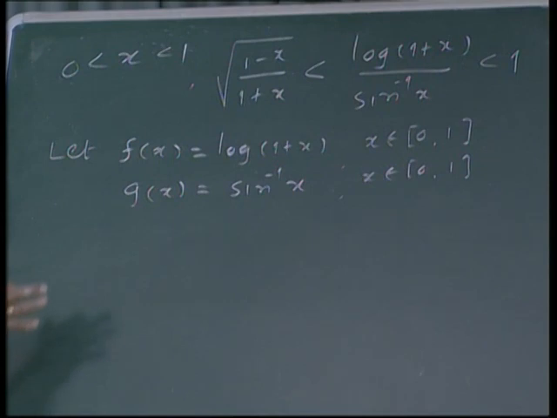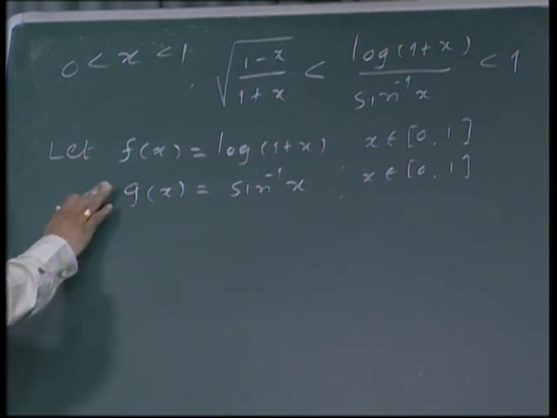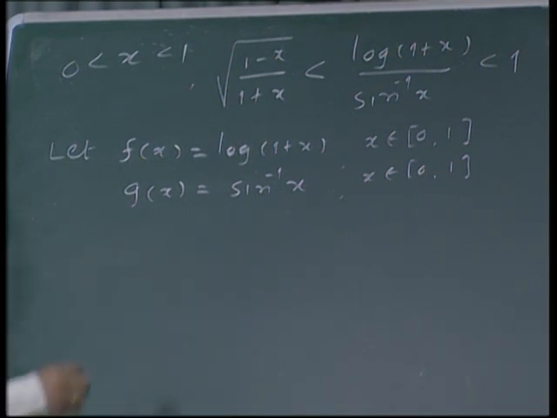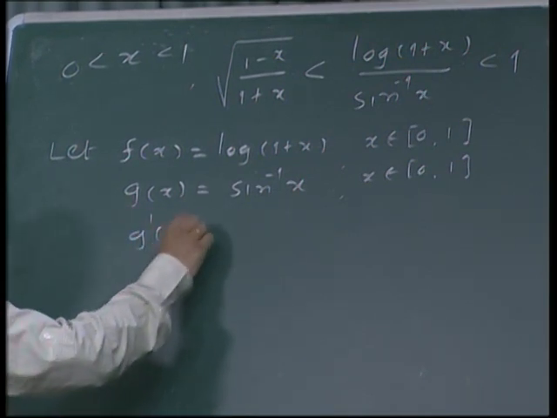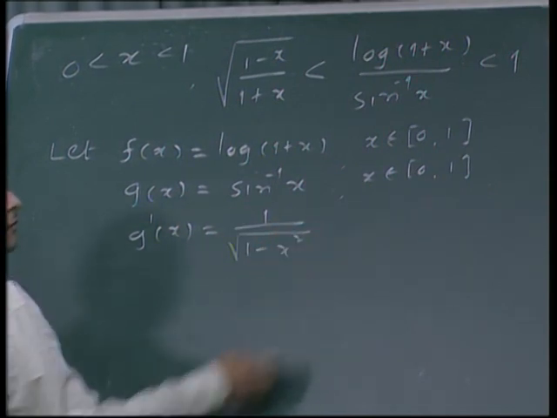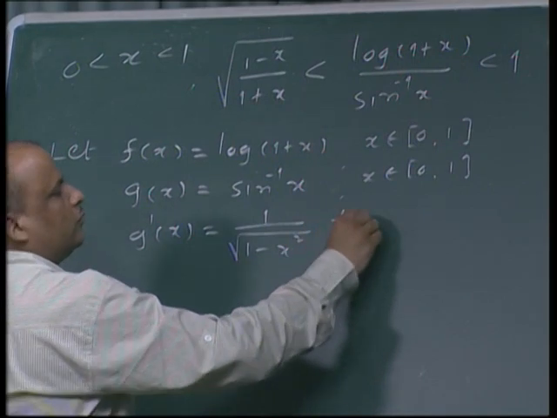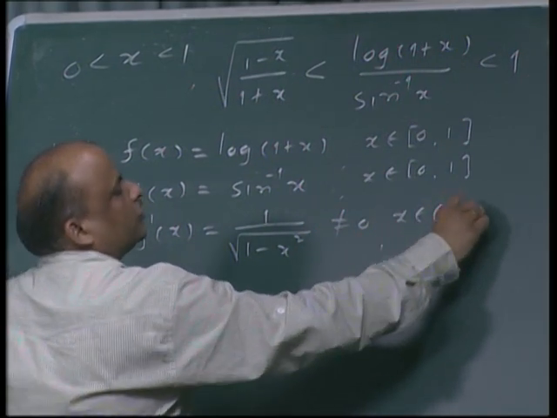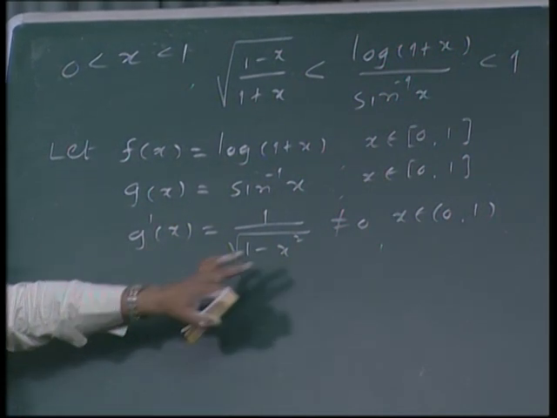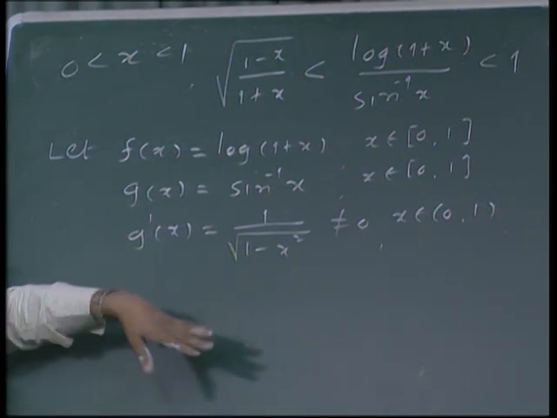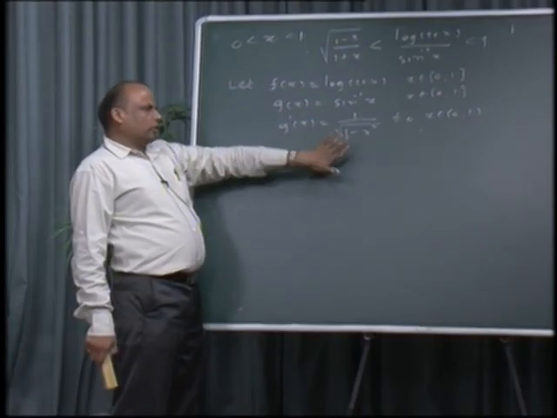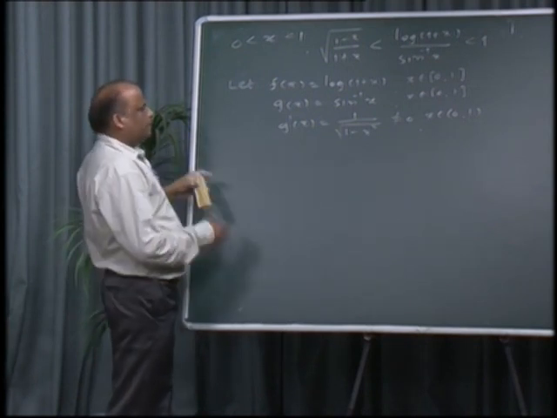Both these functions are continuous and differentiable, and the derivative of g is 1 upon root of 1 minus x square, which is not 0 for every x in the open interval (0, 1). It is not 0, and not defined if x is 1, and for other values you can check with inequality also that this is a non-zero number.